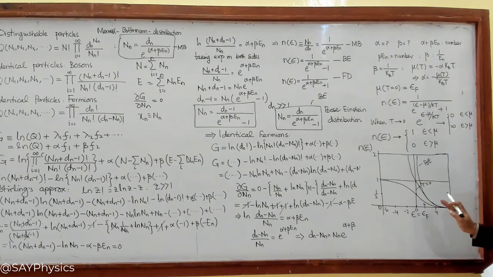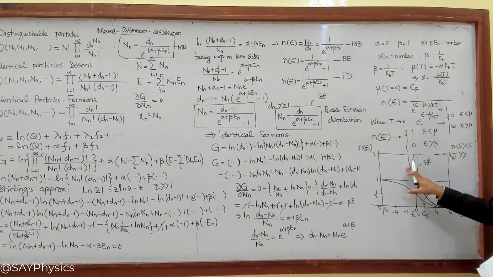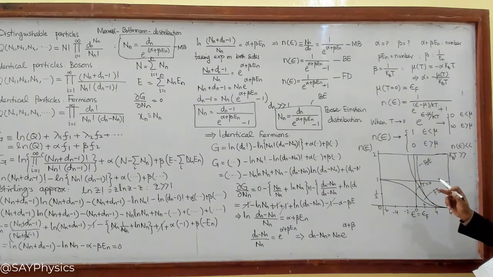So for the limiting cases, when the number is very, very less, or when the temperature is very, very greater, like kBT is very, very greater, then the Bose-Einstein and the Fermi-Dirac statistics both will go to the Maxwell statistics, to the classical particles.